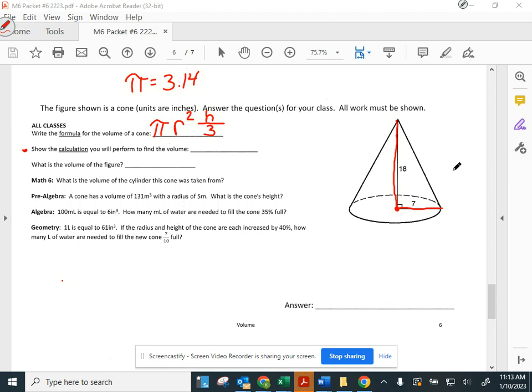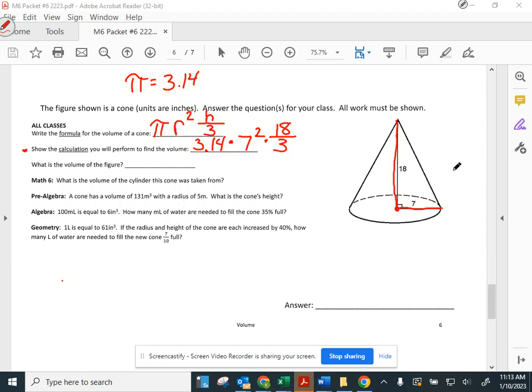So now we're going to show the calculation we're going to perform to find the volume. Pi is 3.14. We're going to multiply that by r, which is 7 squared, and times that by our height of 18 divided by 3.